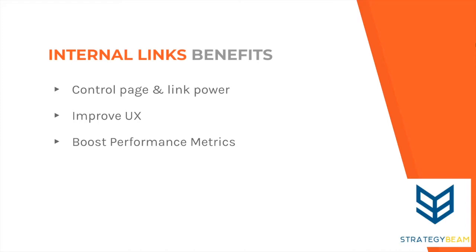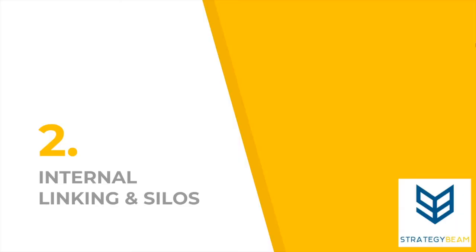So if you have lower performance metrics like time on content, number of pages, and how many sessions people come and returning users, then the lower your site is going to rank. So internal links really help out with controlling the power of pages, improving the user experience, and also improve performance metrics across your site.